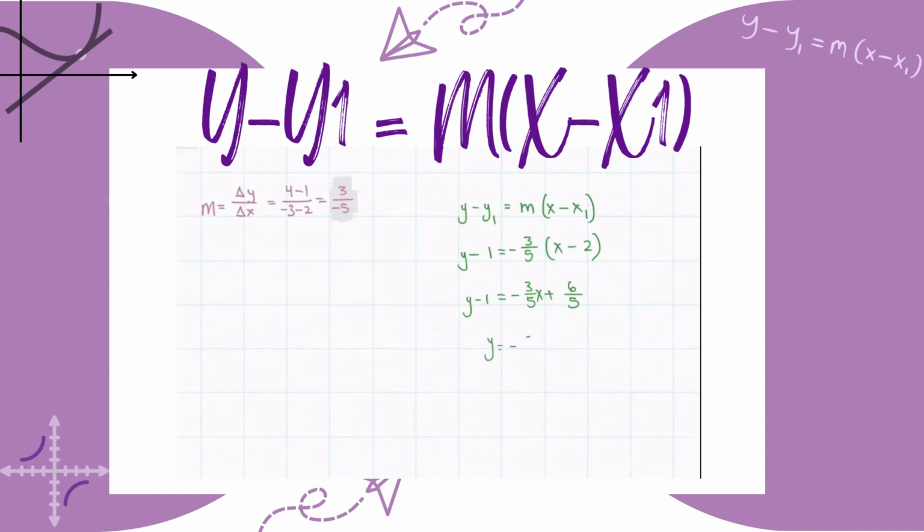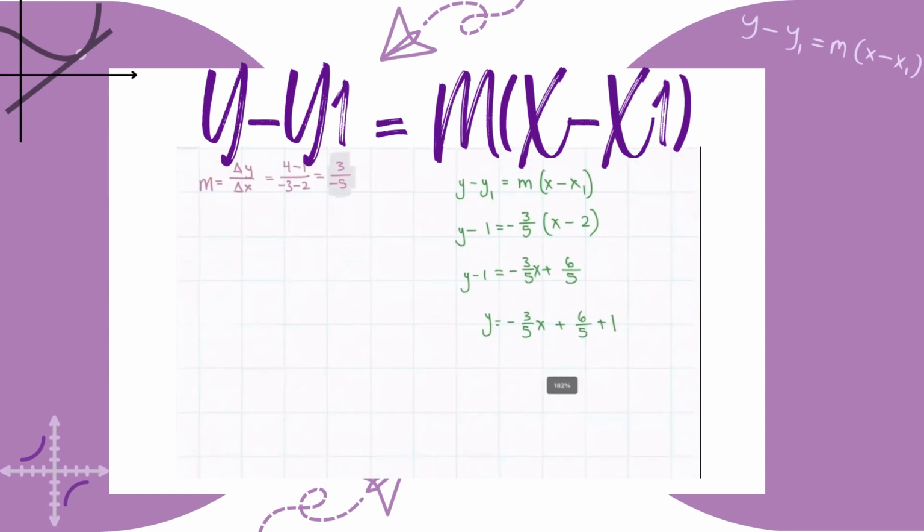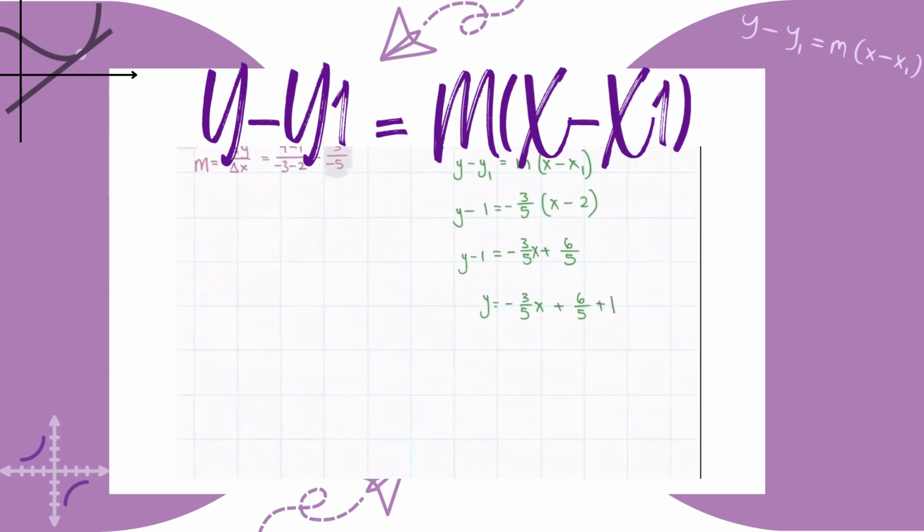Y equals negative 3 over 5x plus 6 over 5 plus 1. And I need to get that common denominator.